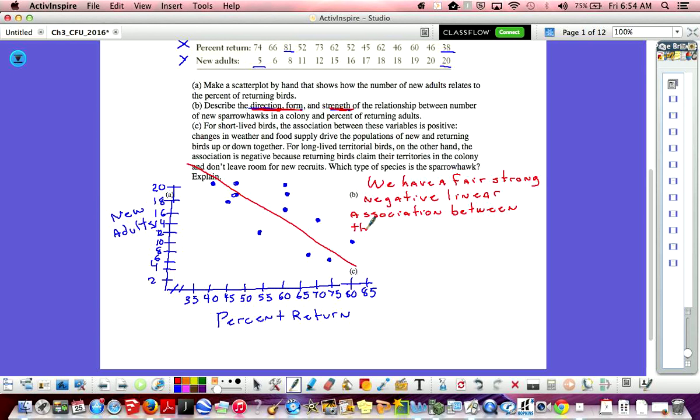The number of new sparrow hawk adults, or new sparrow hawks actually, in a colony, and the percent of returning new adults.